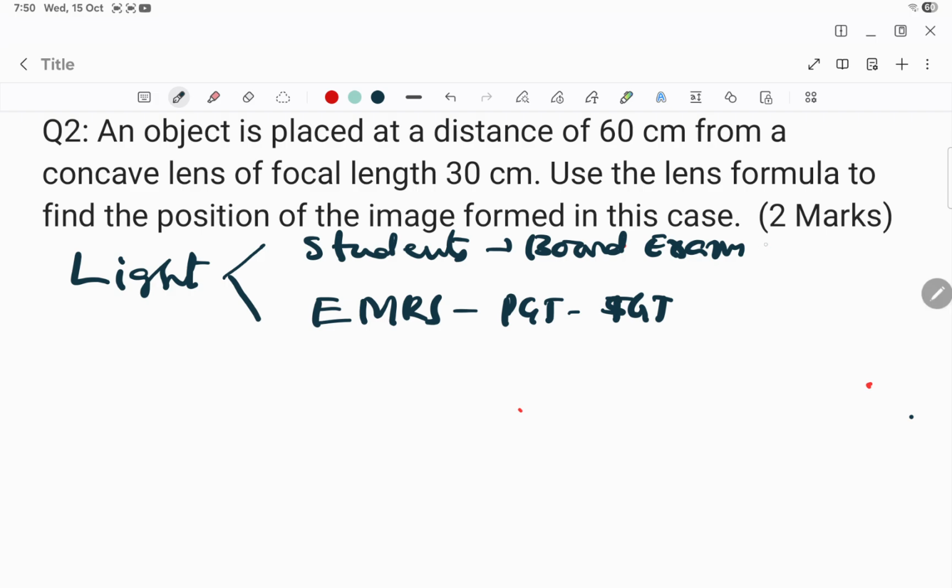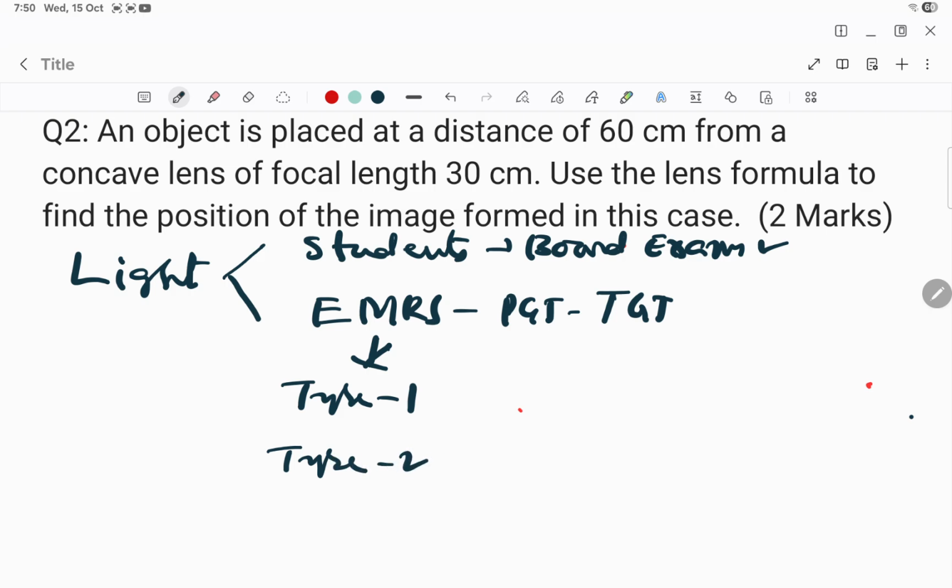One is students, that means grade 10 students going to take the board exams. Second is those who applied for EMRS, PGT or TGT. Board class students have to answer descriptive questions. Similarly, EMRS has two patterns, tier 1 and tier 2.